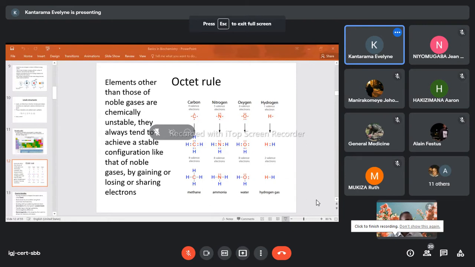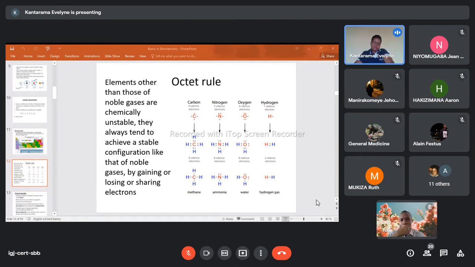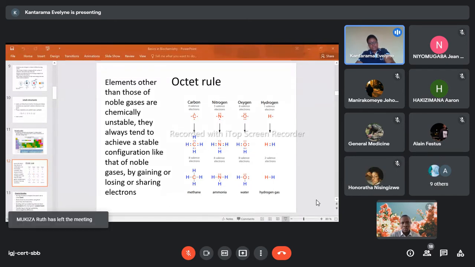If sodium loses one negative, I mean one electron, it remains with an extra positive, so more protons compared to electrons. The same for chlorine. Before, chlorine had equal numbers of electrons and protons.